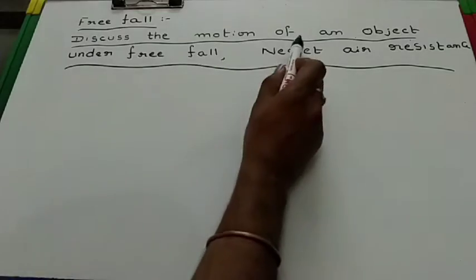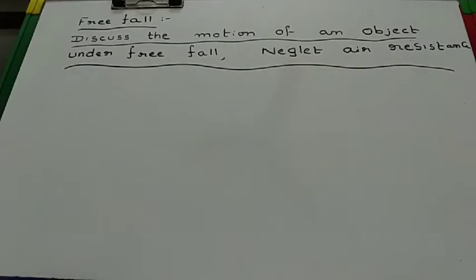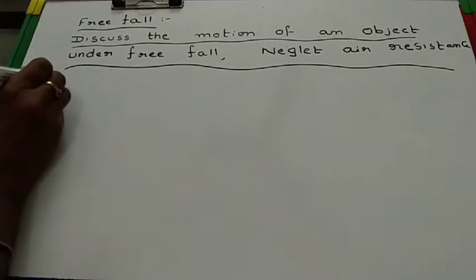Discuss the motion of an object under free fall, neglect air resistance. This is today our concept. So I would like to explain point by point. Please observe carefully. Now, point number 1.